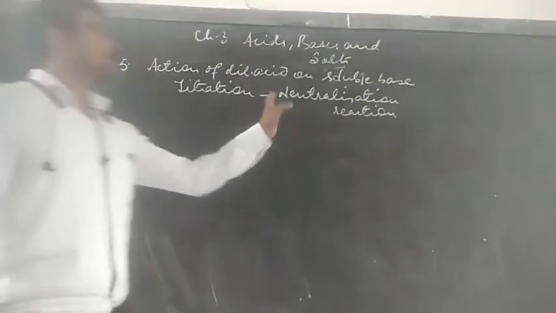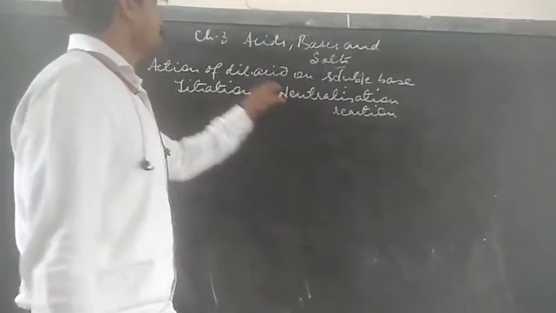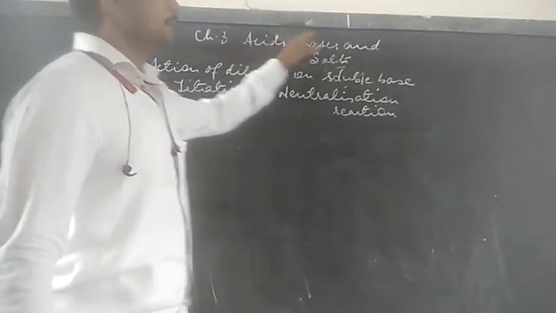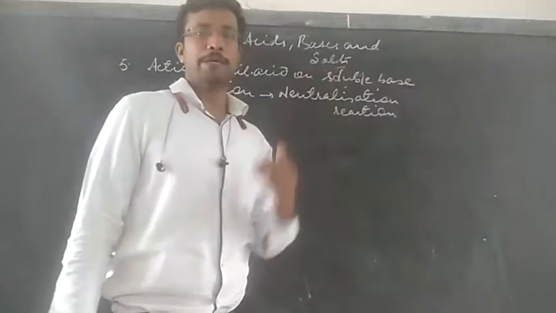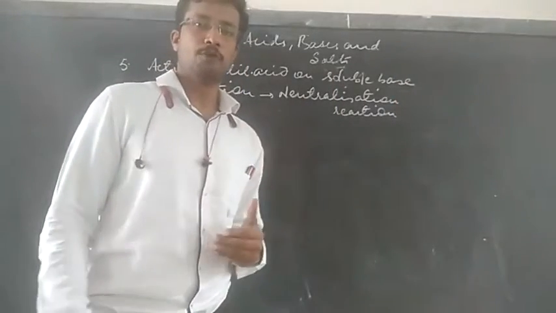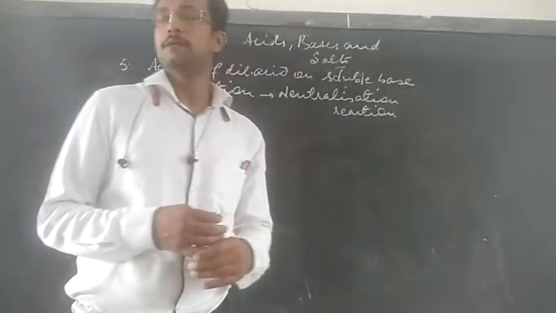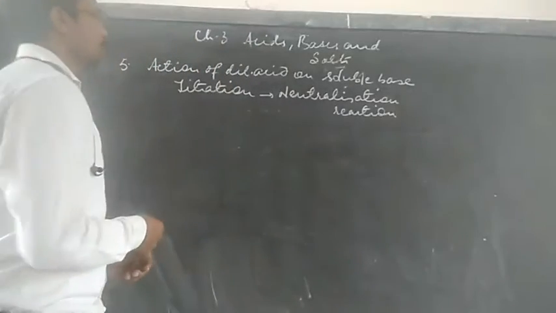Since it is also a kind of neutralization reaction, we have to take an acid and a soluble base this time. You cannot take an insoluble base, otherwise you will get some other type of salts.